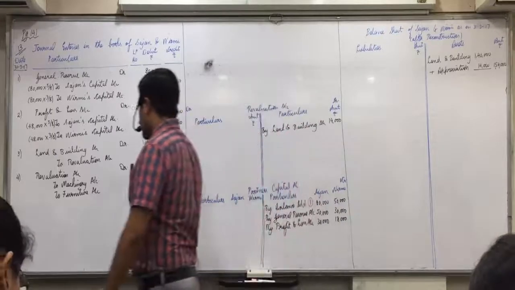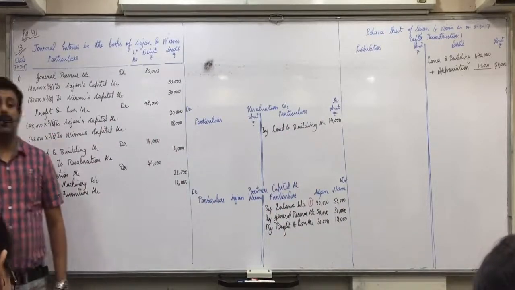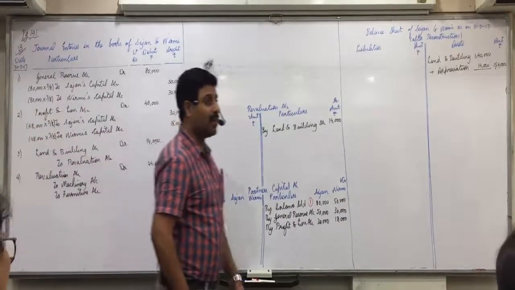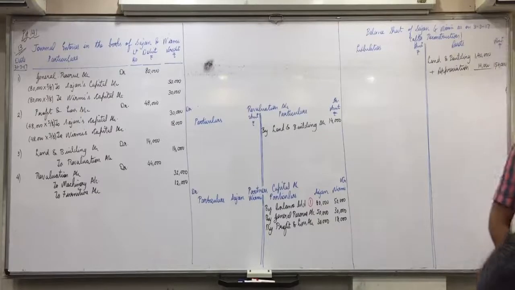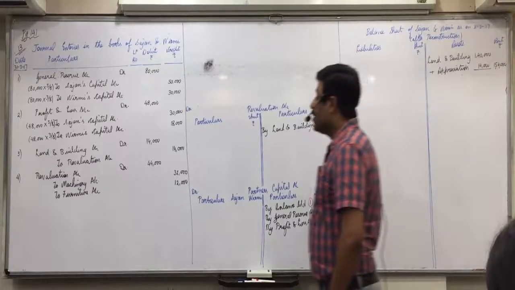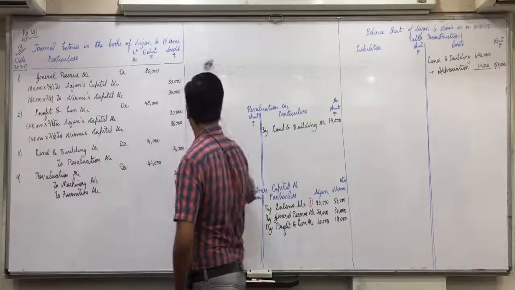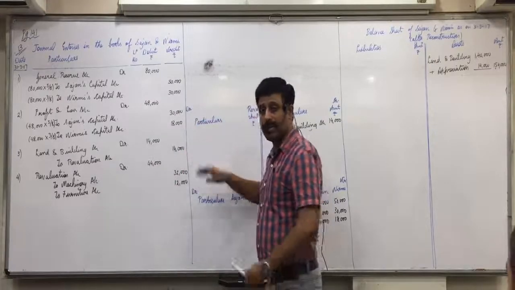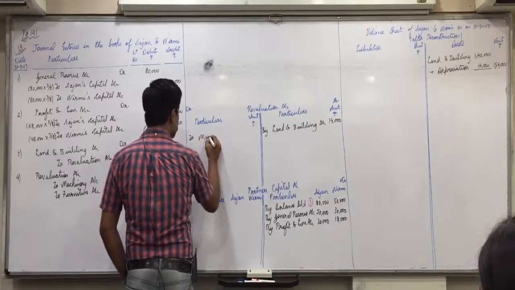Being decrease in the value of machinery and furniture. Now understand the effects. Revaluation account debit. So in the revaluation account we will write on the debit side both the opposite accounts.